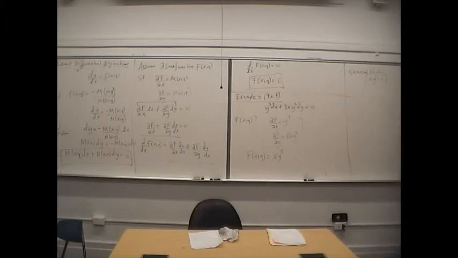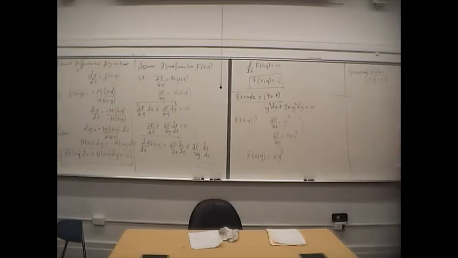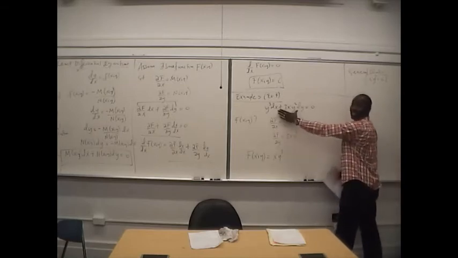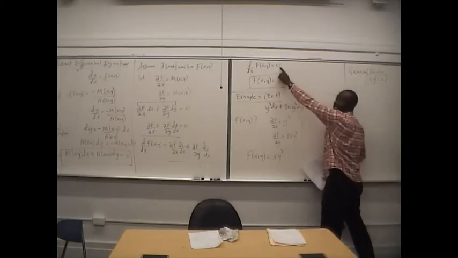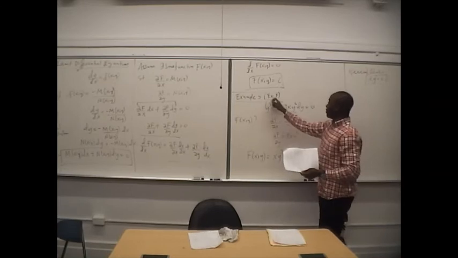Because I already know that this function will satisfy this differential equation. You take the total derivative. Remember that the total derivative is just this, and it's equal to 0. So we are satisfying that differential equation.